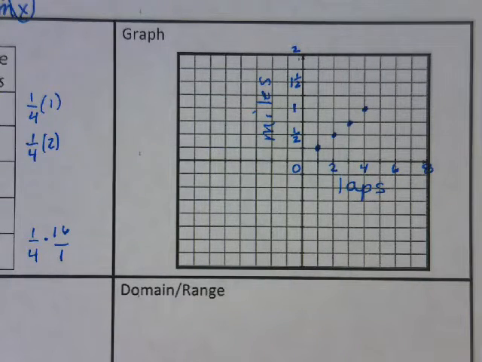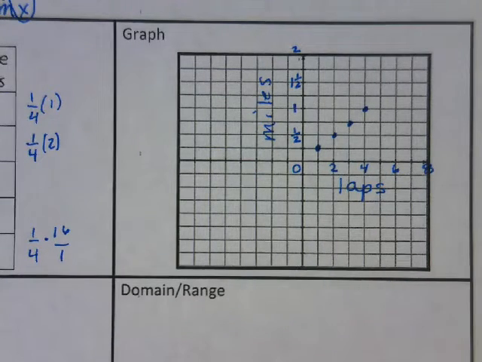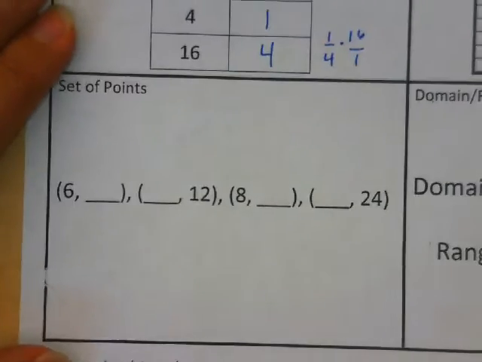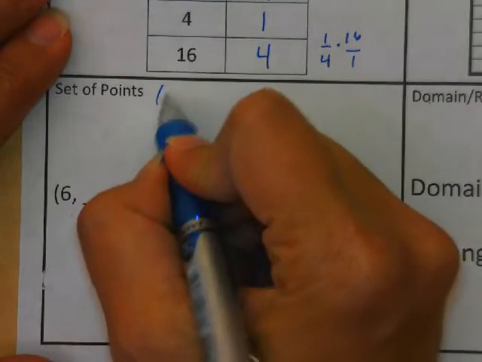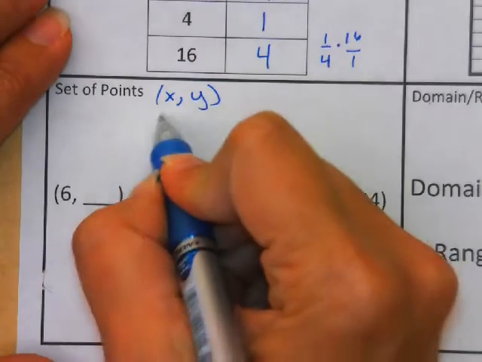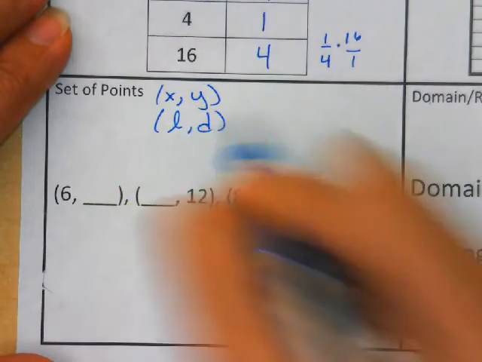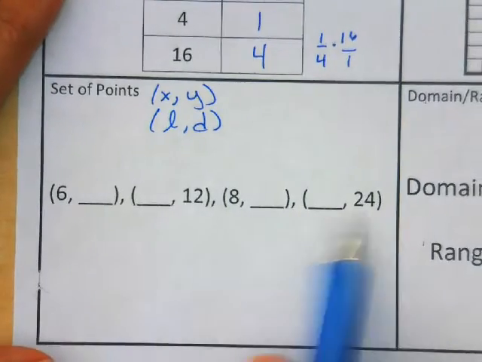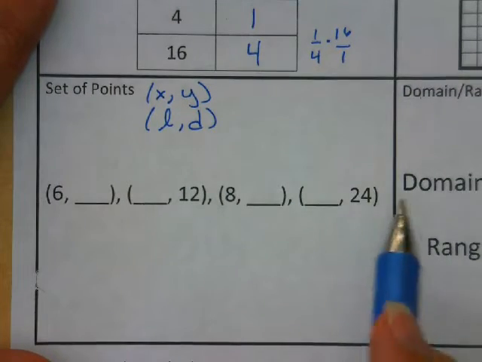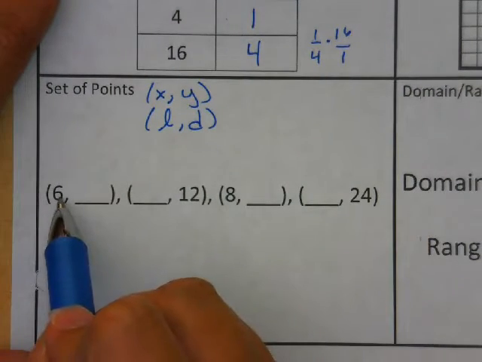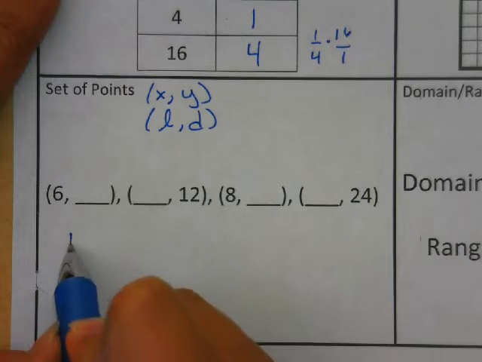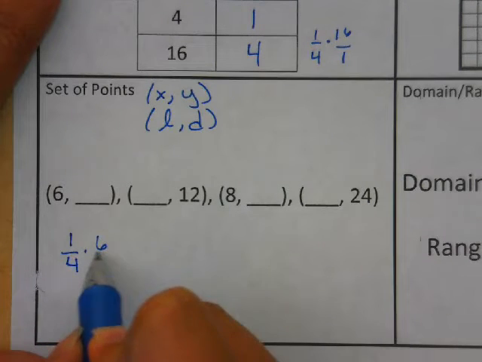So, we can take this information and we can also go here to our set of points. So remember, our points are x, y, or in this case, laps and distance. So they want you to fill in the missing coordinate based on that same equation. So if we have 6 laps, then I know that I need to do 1/4 times 6.